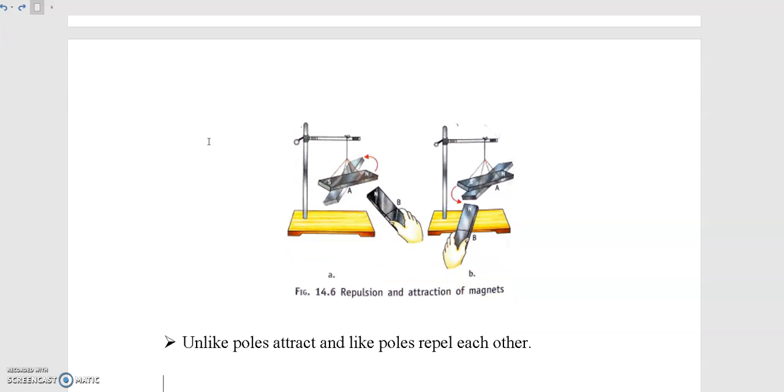Fine. So the next thing we can see here is that unlike poles attract and like poles repel each other. Now let's understand this. Unlike means they are not the same and like means they are the same. This is a freely suspended bar magnet. They have just hung it over here.